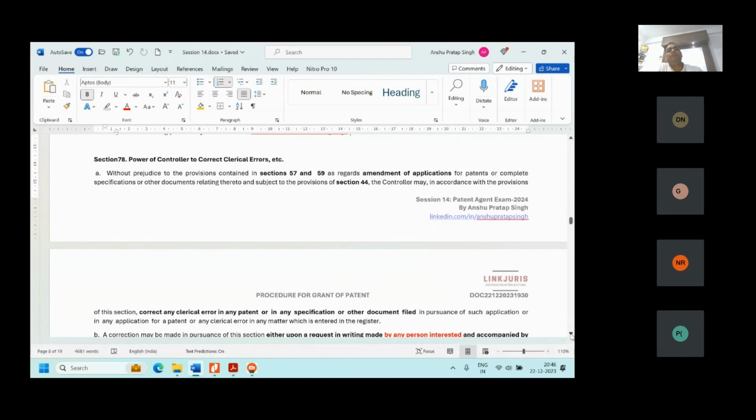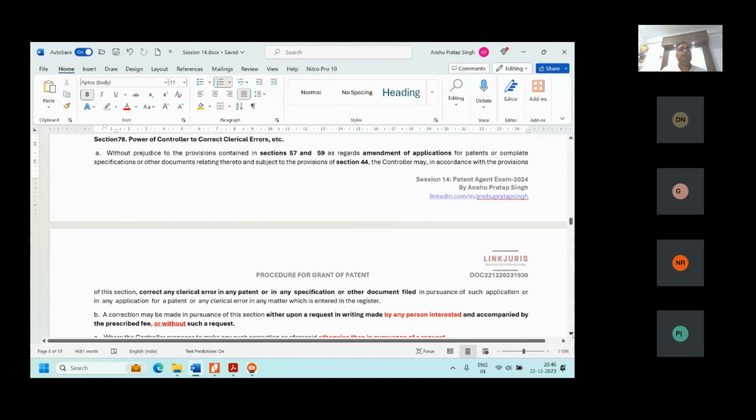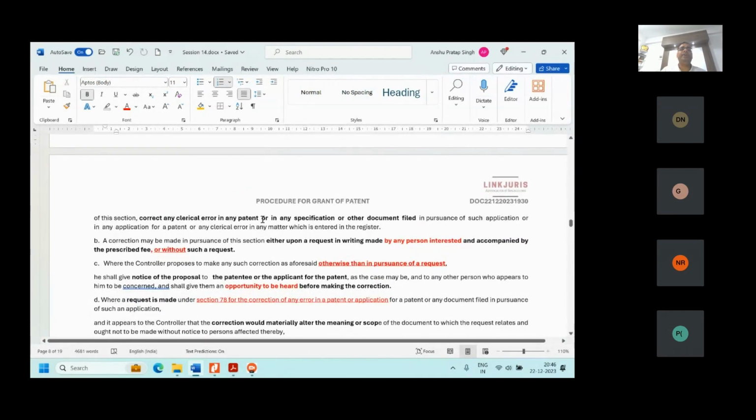Now, under section 54, we have said that the amendment is happening because the applicant has died before the grant of patent. So, except this, the controller can correct any clerical error in a patent or in any specification or document filed.